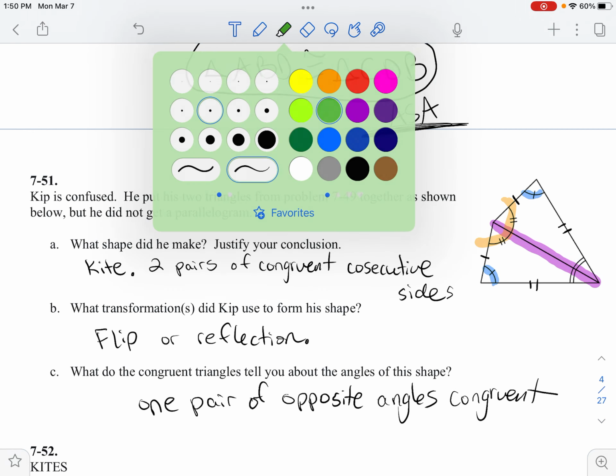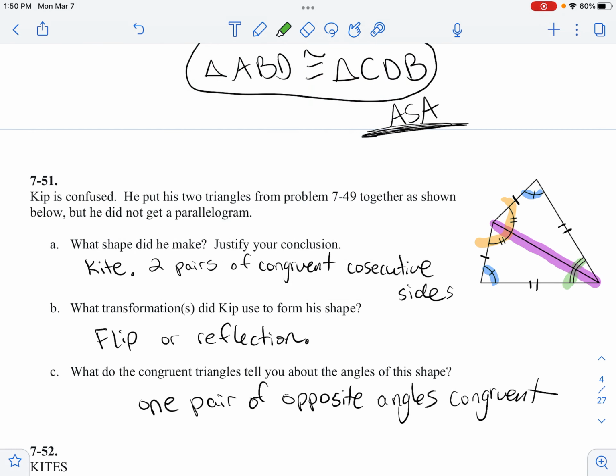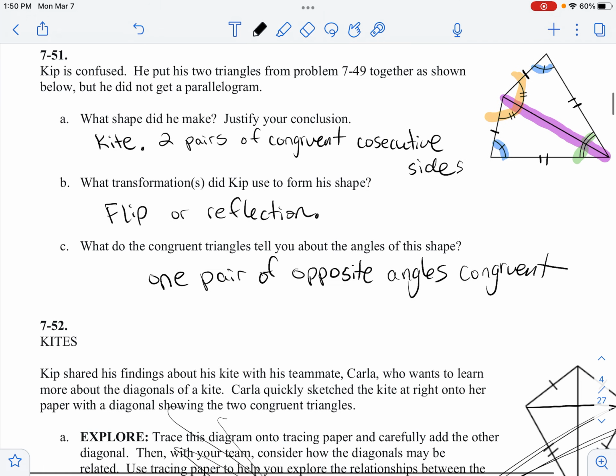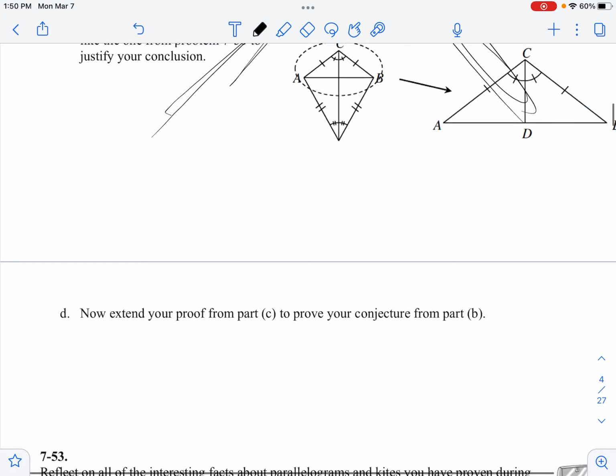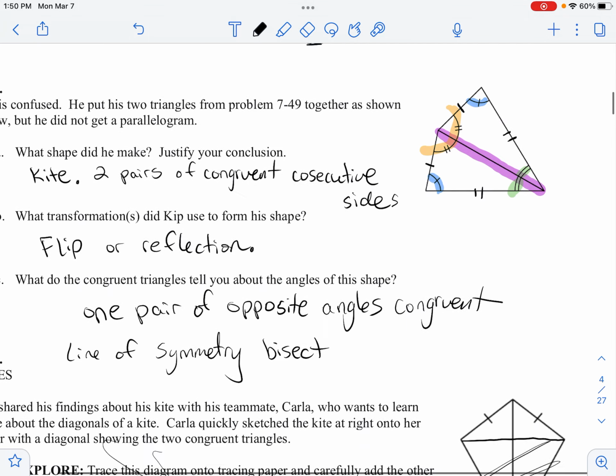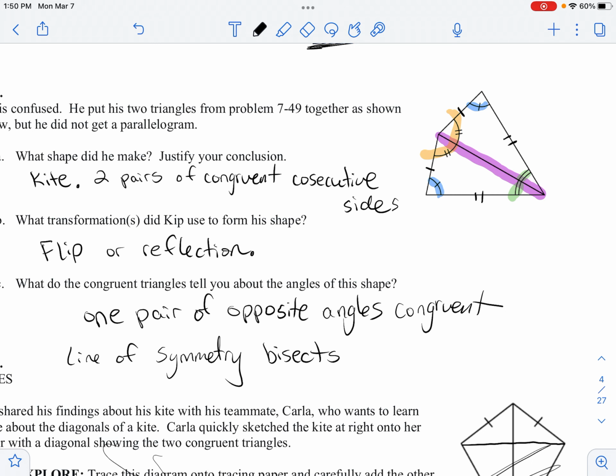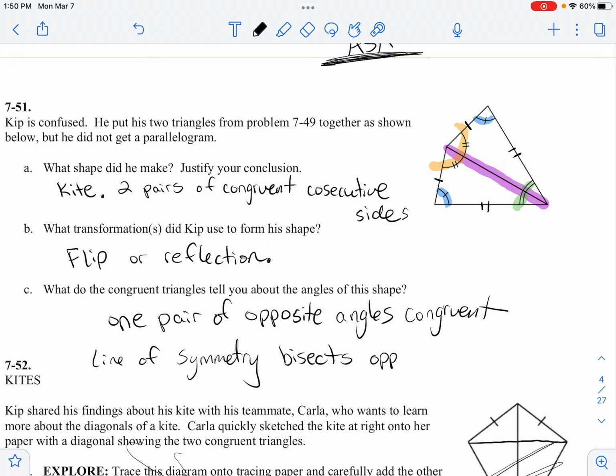I should probably use a different color because they're not equal to each other. So we would say that the line of symmetry bisects, which is fancy for cut into two congruent parts, opposite angles.